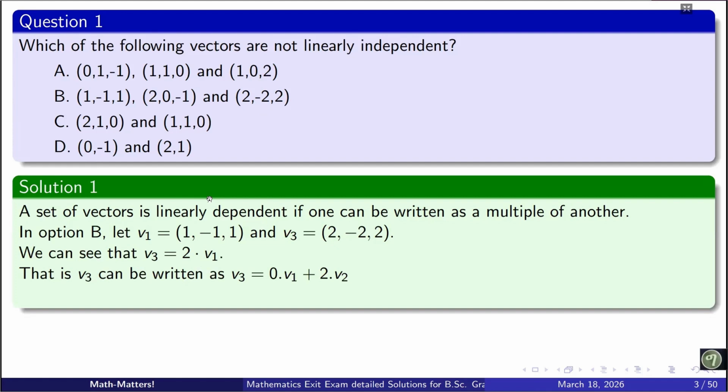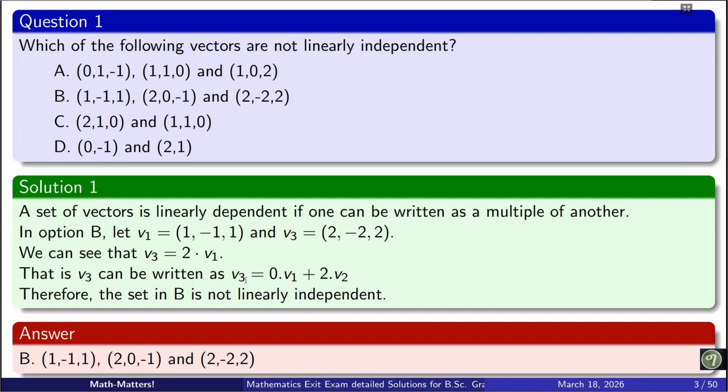So in this case, V3 can be written as a linear combination of the other two, that's simply 0 times V1 plus 2 times V2. So in this case, the set is not linearly independent. That means they are linearly dependent vectors. Therefore, the answer for this question will be B.